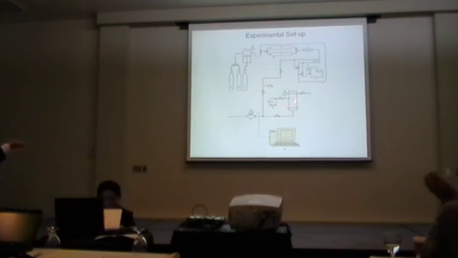We have this sample and we have this downstream system. This downstream system has much larger volume than this core. So when we deplete the gas from the core, we record the pressure here. So the pressure will change with time, and we can calculate the flow rate change with time.